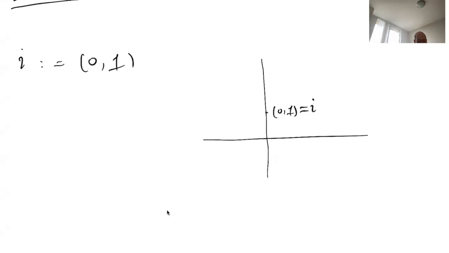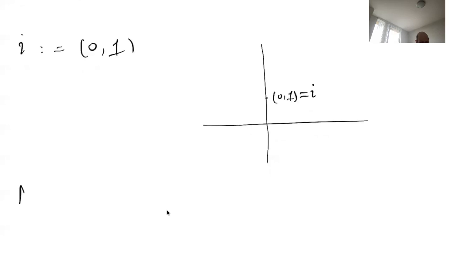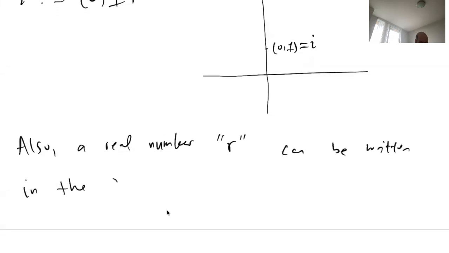So a real number r can be written in the form r and 0.